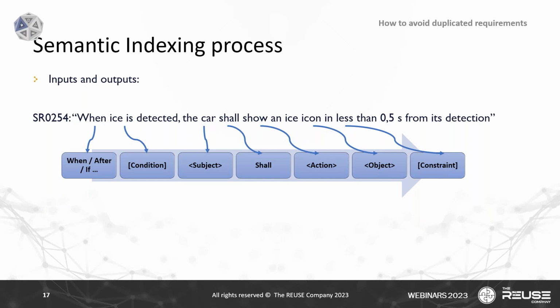When ice is detected, the car shall show an ice icon in less than half a second from its detection. We can very easily see that this piece of text, this item of requirement, is matching this typical pattern.